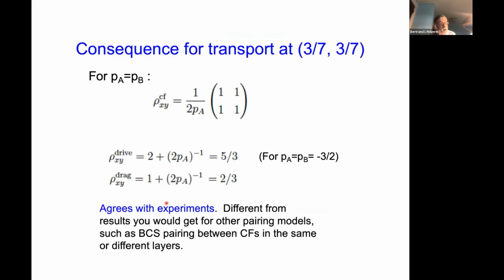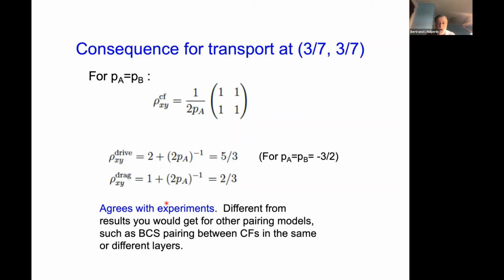And indeed, we can work out the consequences for transport at 3/7, 3/7. The composite fermions, as I said, are basically a coherent state between the two layers. So that means if I put a composite fermion current in one layer, it generates an equal composite fermion voltage in the other layer, regardless of which layer it's in.